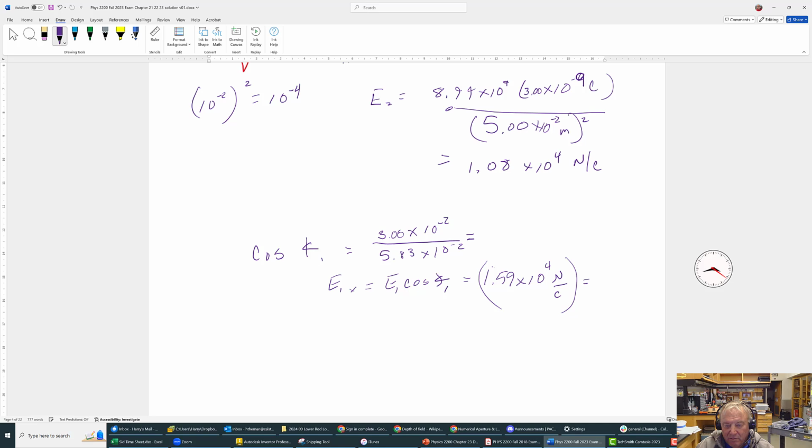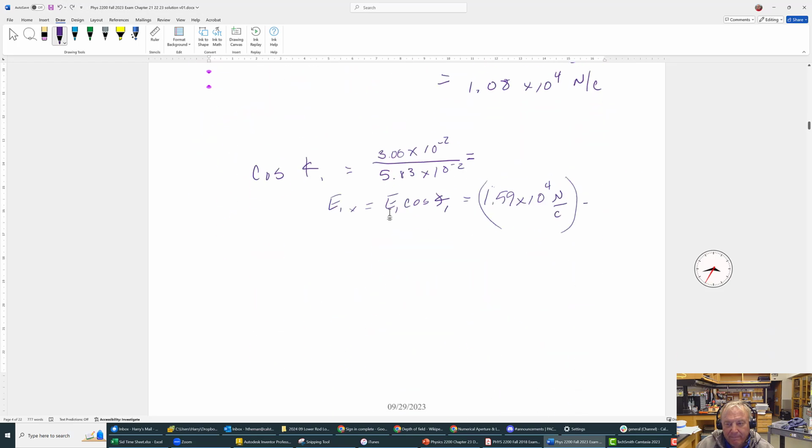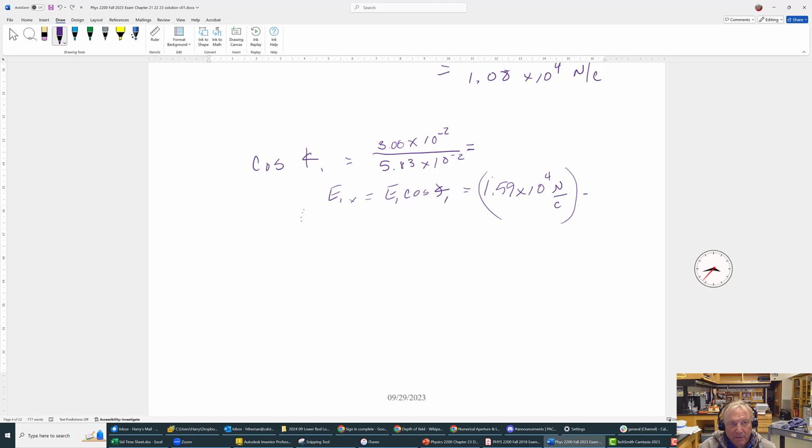Oh, not equal. Oh, come on. I spend so much time looking for the cursor, too. So this is 5.25 times 10 to the negative 1, the cosine of the angle.